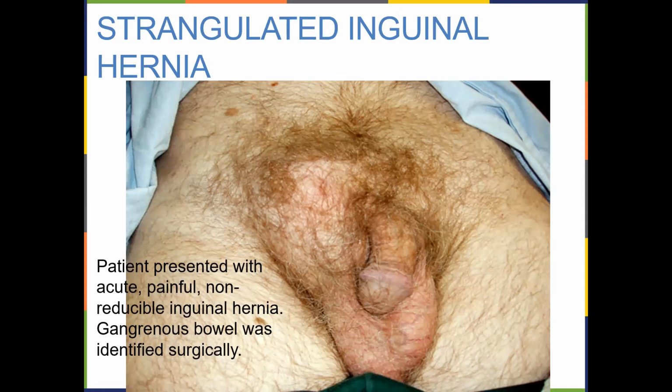What we see here, this very large mass right up here, slightly to the right side of the penis, is the abdomen, is the small intestine that has penetrated through the wall through the opening in the inguinal canal and is now underneath the skin and is pushing against the skin, and it has become pinched off. It is trapped inside this tear.